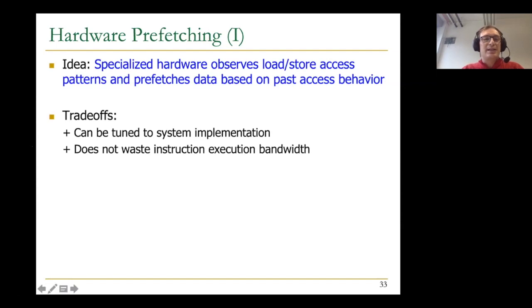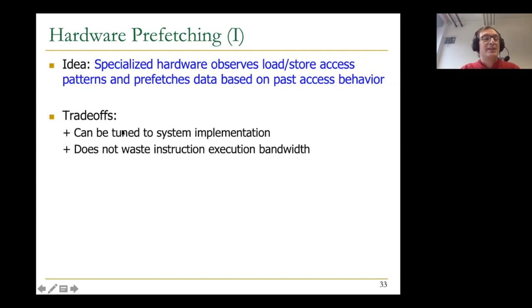So the upside of hardware prefetching, or pure hardware prefetching, is now you can tune it to system implementation, whereas with software, you didn't have that choice, right? Basically, software somehow needed to know about all of these parameters in the microarchitecture and guess which instructions missed and hit. Whereas with hardware, you have all that information, basically.